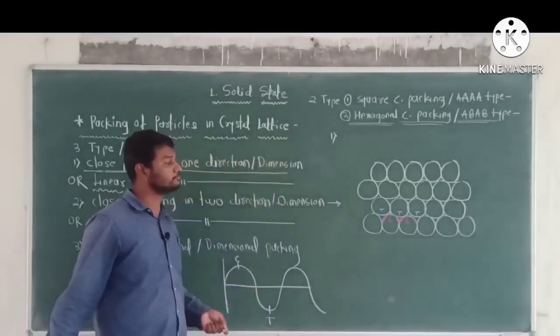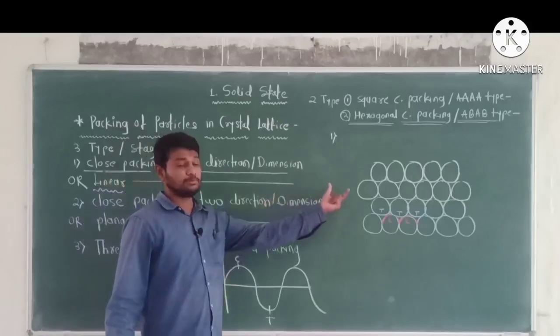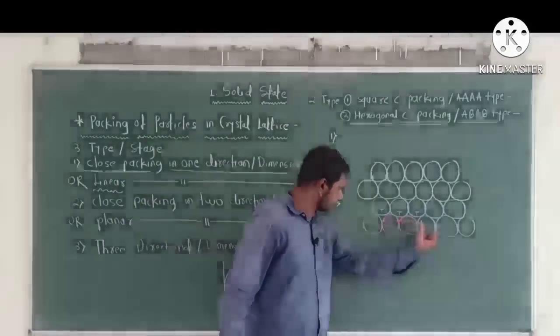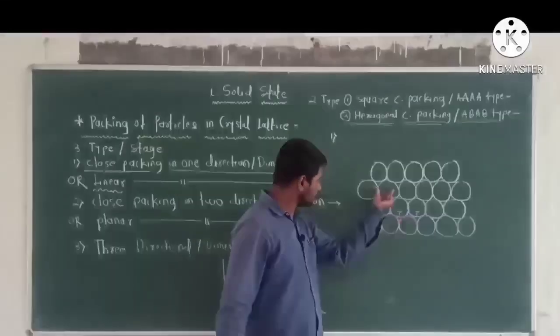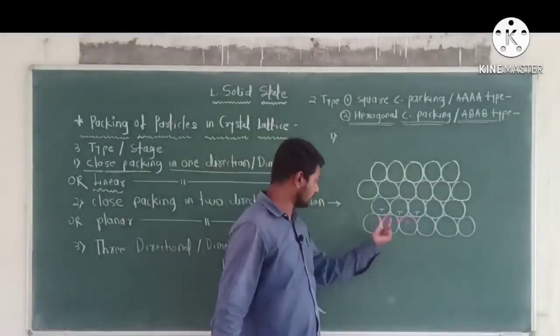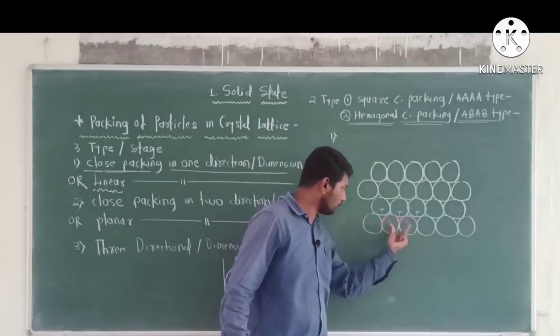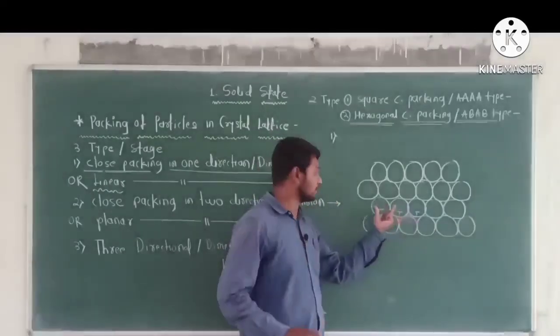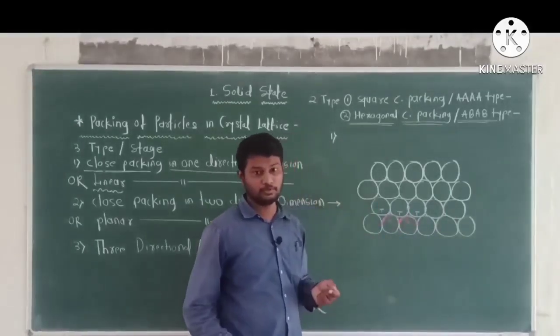Now first point, this type of packing is made when the row of constituent particles are placed over the other in such a way that the crest of a constituent particle of one row is placed between the troughs of two constituent particles of another row. Okay.